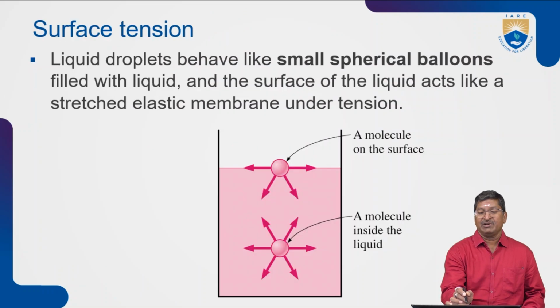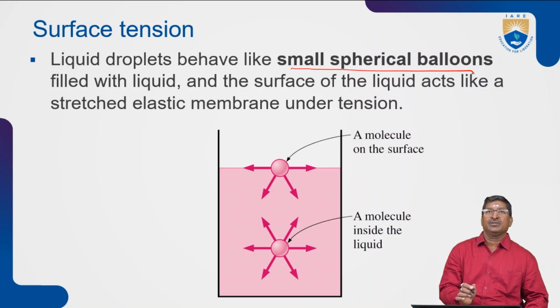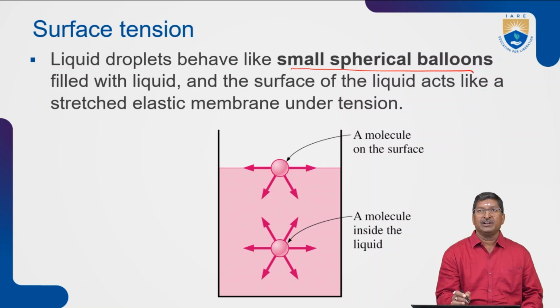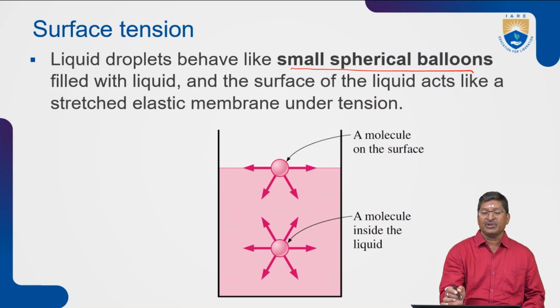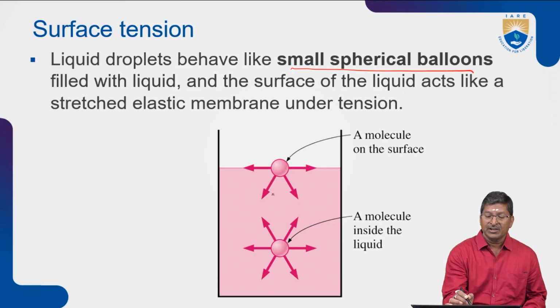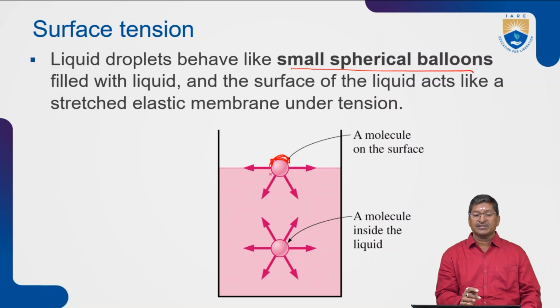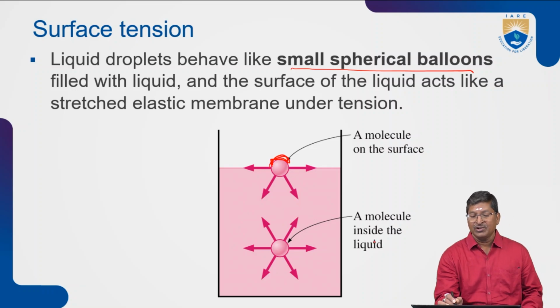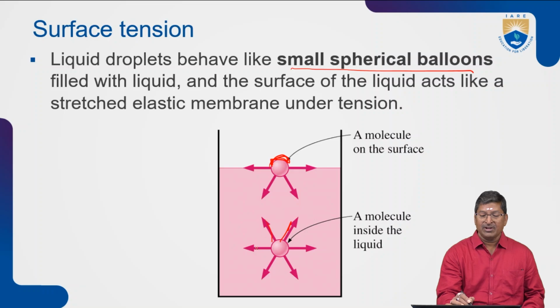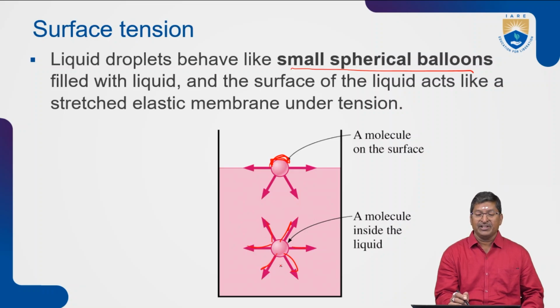You can see this: liquid droplets behave like small spherical balloons. At the surface, the liquid acts like a stretched elastic membrane. Here a molecule will have surface tension. A molecule inside the liquid will have forces equally in all directions.